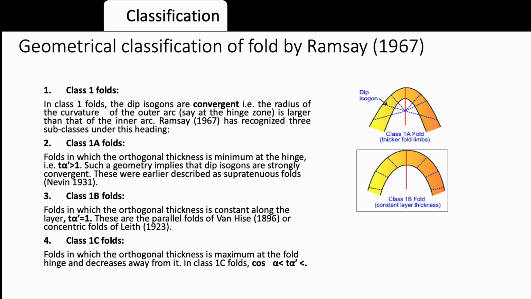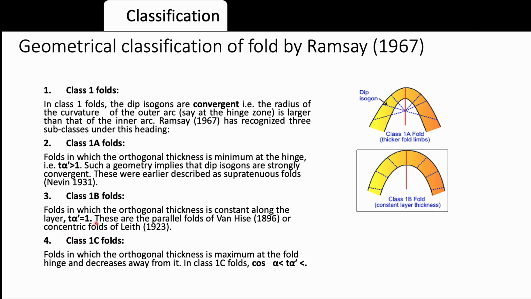In class 1A fold, the fold has minimum orthogonal thickness at the hinge. This means they are tightly curved at the center, originally known as supertenuous folds.